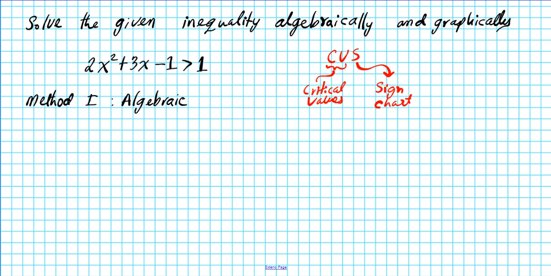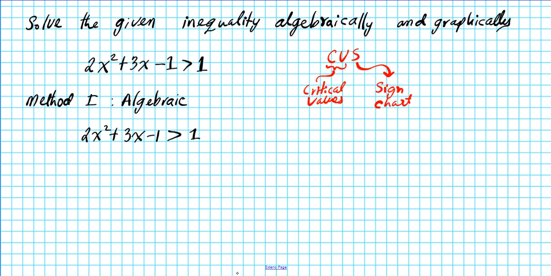Let's go ahead and write down the inequality that we're dealing with. 2x squared plus 3x minus 1 is greater than 1. Now, in order to find the critical values, we'll have to set this equal to 0. So let's rewrite this inequality in standard form first.